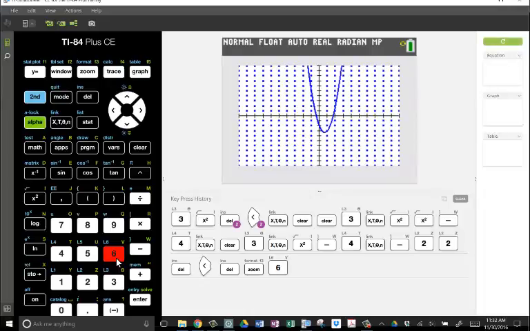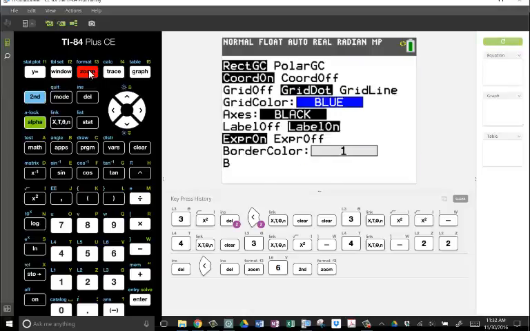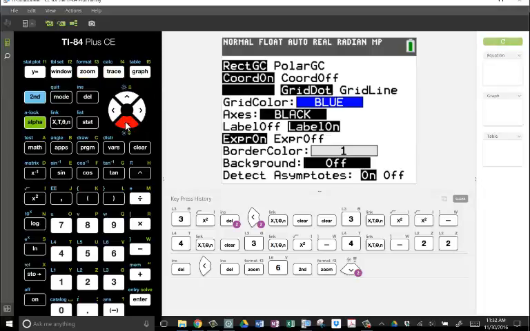Now on this general diagram, I have chosen to put dots on my graph to allow me to see perspective a little bit more. If you would like to have dots on your graph, the way you get those is go buying second zoom, which is format, and down here on the third line, you have grid on and grid off.